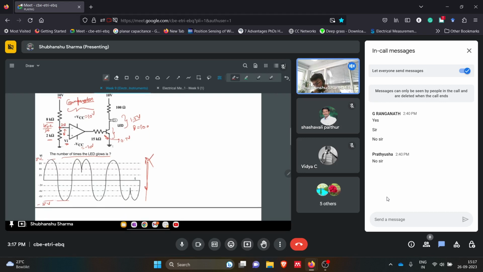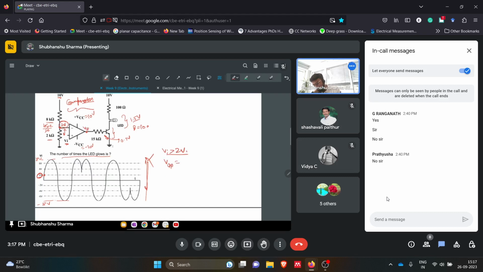Okay, this is fine. So we have 2 volts here. And you know that Vi is this wavy kind of signal. So whenever Vi is greater than 2 volts, that is this 2 volts, then the output of this op amp will be what?